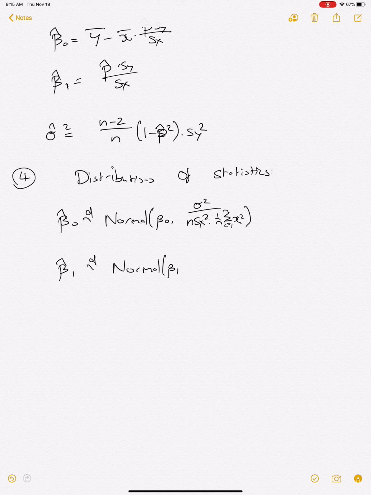Our beta hat 1 was normally distributed with mean beta 1 and then the variance of sx squared, and then the sigma hat squared had this chi-squared distribution.